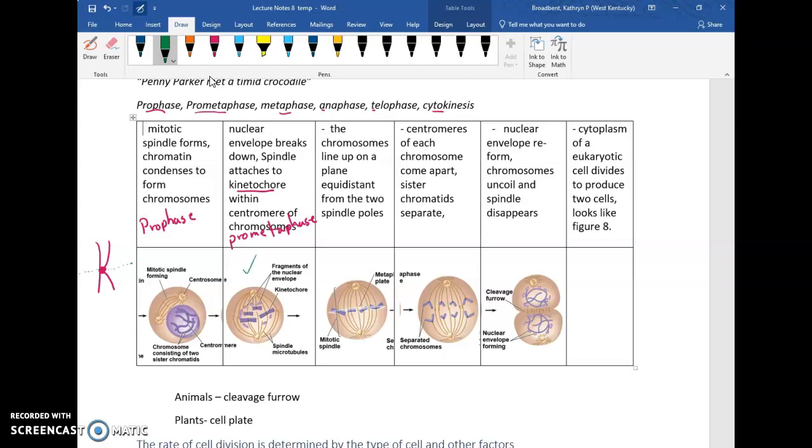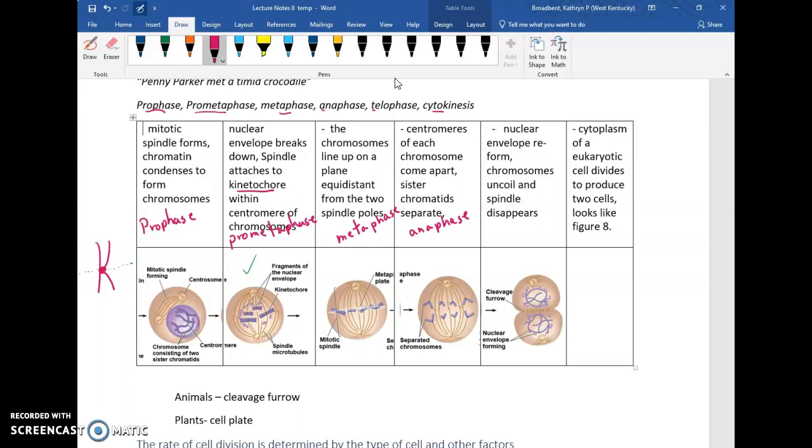The next phase is the metaphase. I always think of this one as they're meeting in the middle. So it's meta, and the chromosomes are now on a plate here. They're lined up between the 2 kinetochores. In the next stage, anaphase, the chromatids move away from each other.